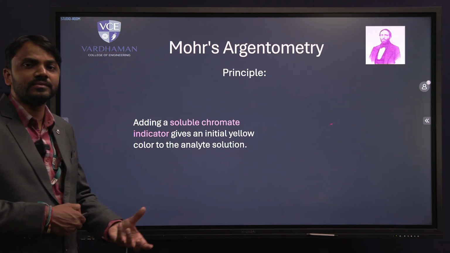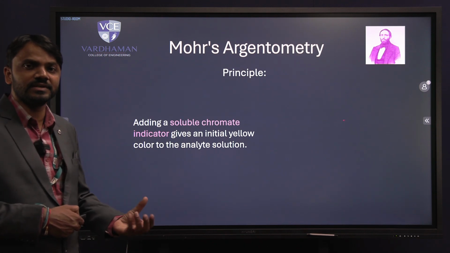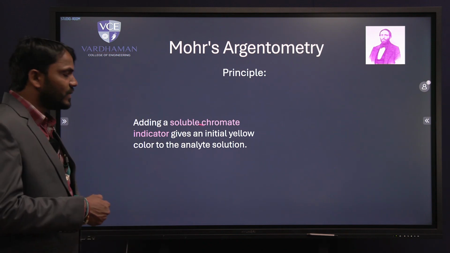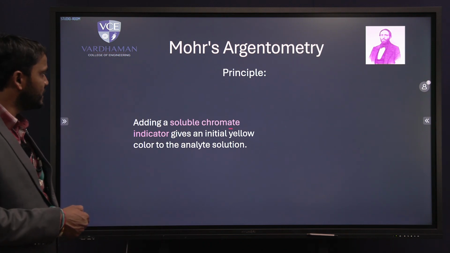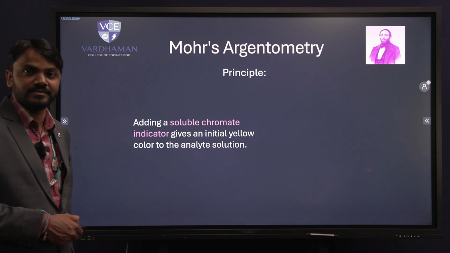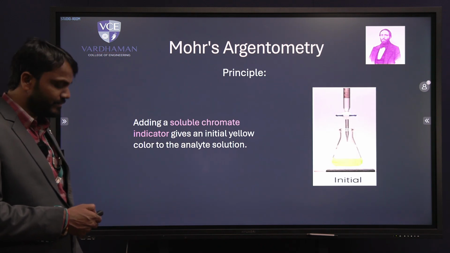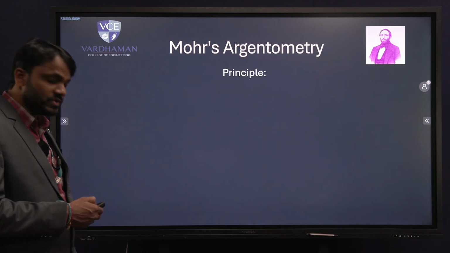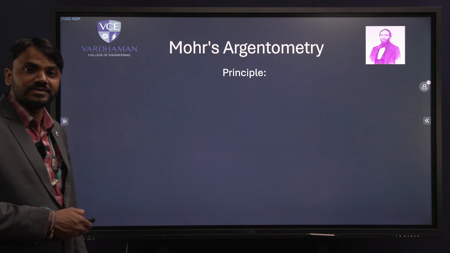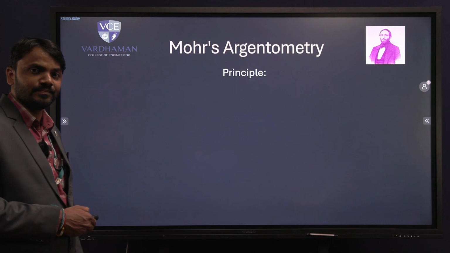You fill the silver nitrate solution into the burette. Then you add a few drops of potassium chromate solution into the conical flask. Now the solution color will become yellow. Once you have done that, you start titrating against silver nitrate.